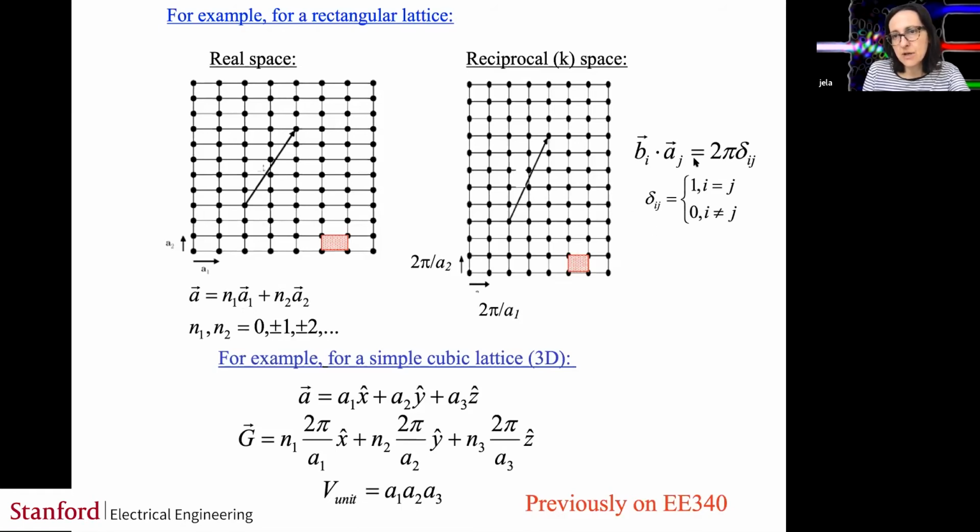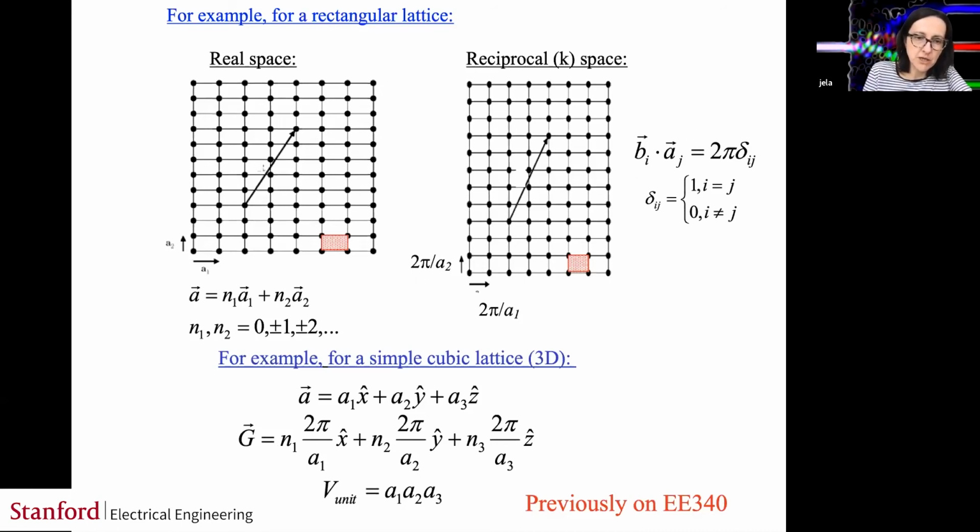And then based on that, you can find reciprocal space lattice vectors from this relation here, that the dot product between reciprocal space vectors and real space vectors gives you 2 pi times Kronecker delta. And using that relation, we found the reciprocal lattice corresponding to the rectangular real space lattice. Of course, dimensions would be 1 per unit length coming from this relation. And the alignment of reciprocal space lattice vectors to real space lattice vectors comes from simply satisfying this condition.